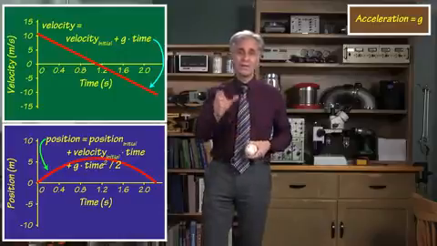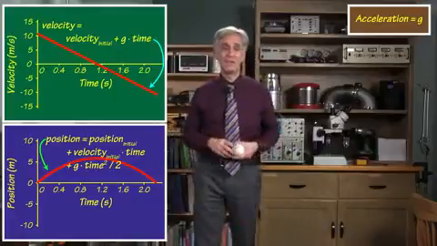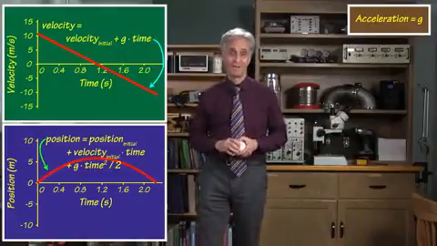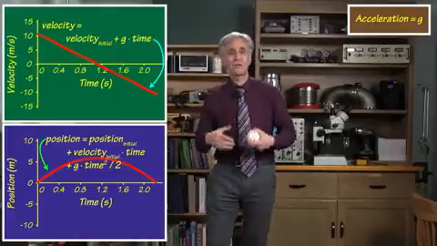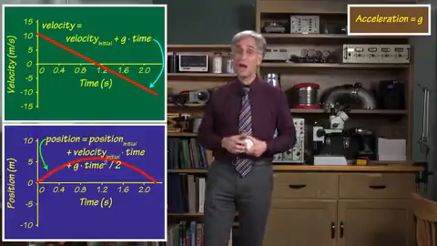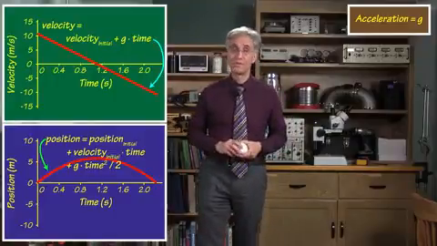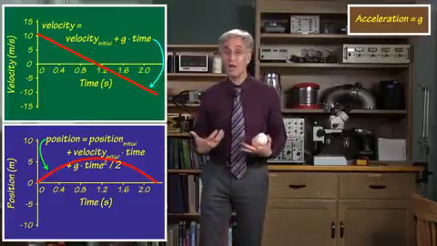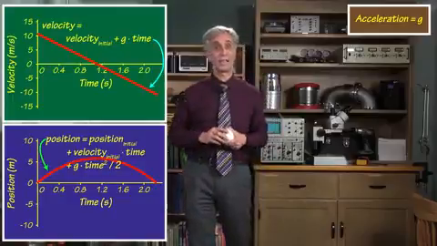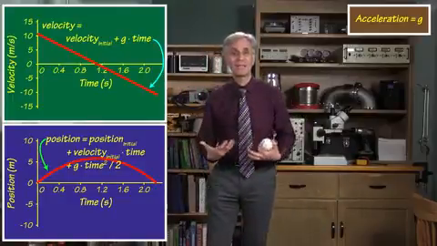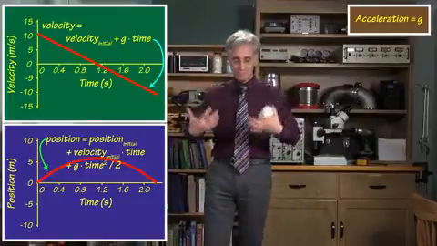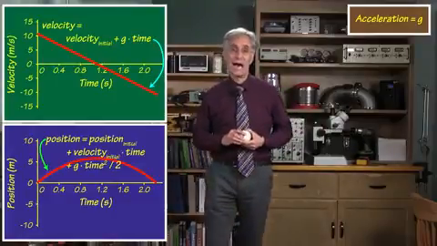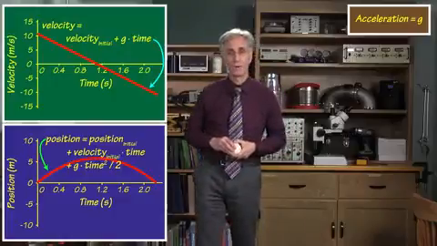The first term adjusts for the fact that you might want to start the ball's fall at a position other than zero. The second term accounts for the fact that the ball might start with an initial velocity other than zero. And the third term recognizes that a falling ball is accelerating downward at the acceleration due to gravity, and it experiences this evolution in position that goes in proportion to the square of the time, that is, time to the second power.